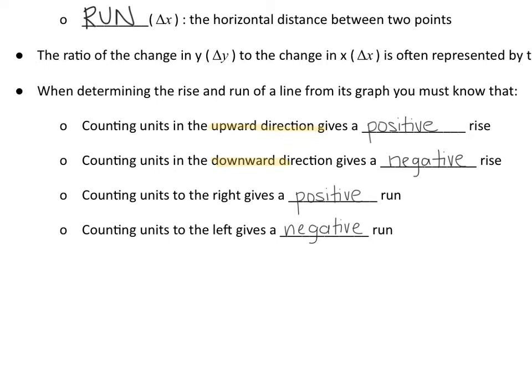When we are determining the run for our slope, you are either going to be counting in a right motion or direction or in a left motion or direction. And again, if you are counting or moving towards the right, that's going to be associated with a positive number. If you are counting units or moving in a left direction, that's going to give you a negative number.